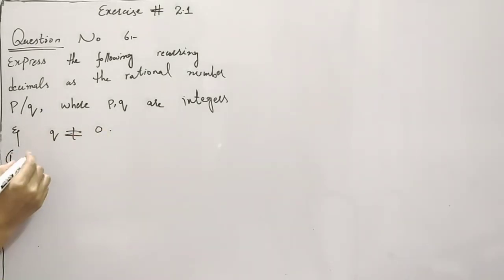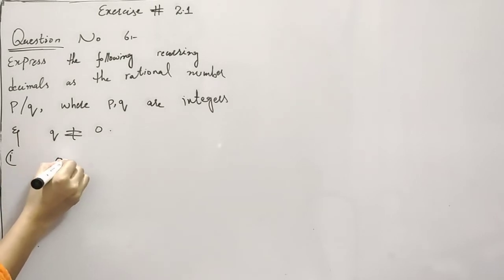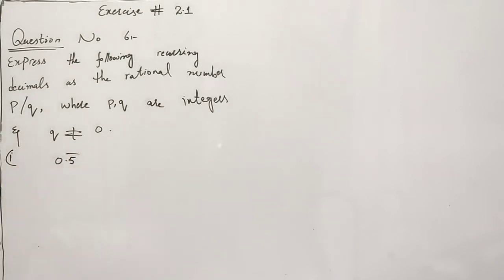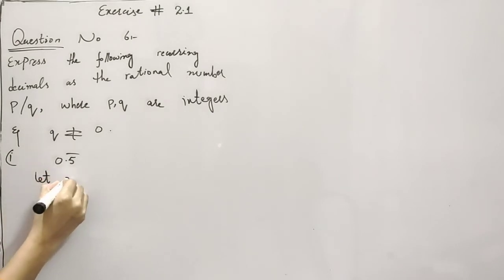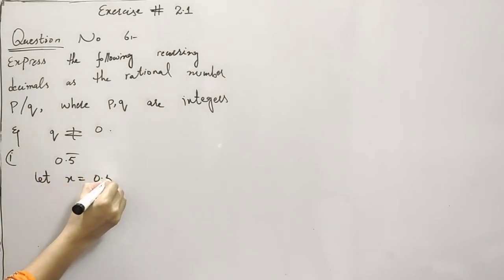And the first part is 0.5 recurring. 5 is the recurring digit here. Since one digit block is repeating itself indefinitely, first of all let x equal 0.5 recurring.